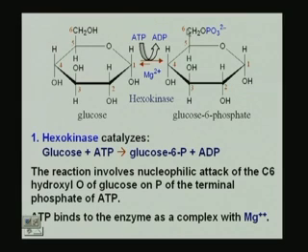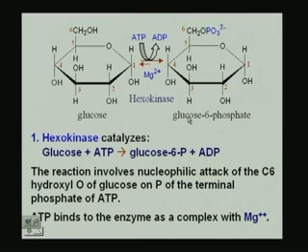That means the 6th carbon atom is no longer OH, it is now phosphorylated. It is phosphorylated by taking a phosphate from ATP, and in the event, ATP becomes ADP. This is a coupled reaction. We will look at the energetics of these steps.